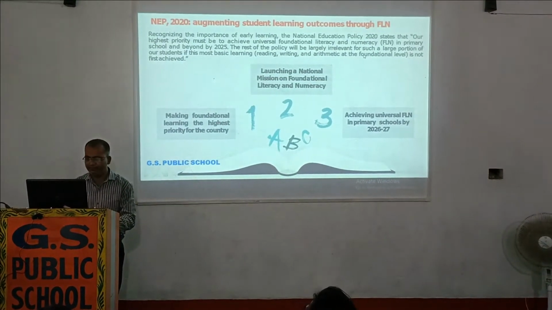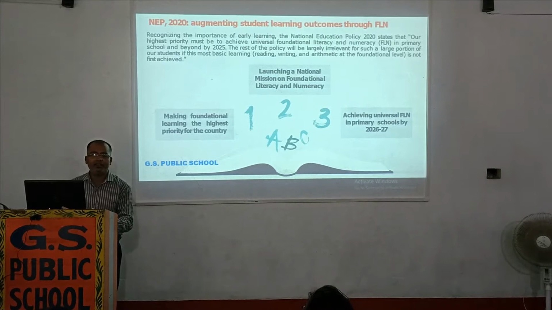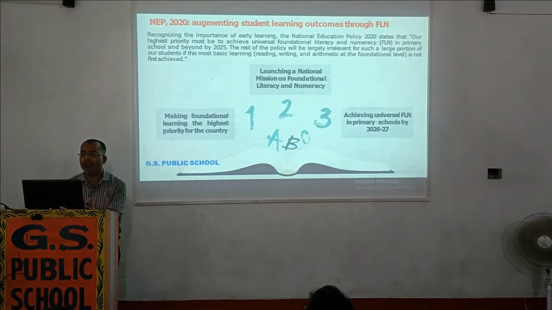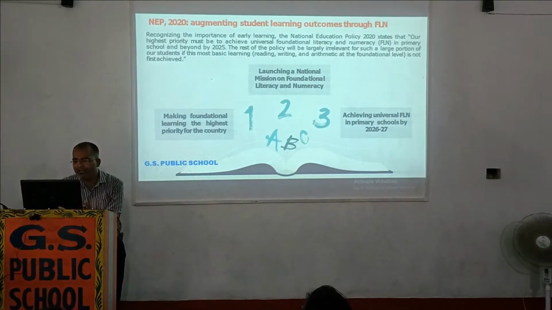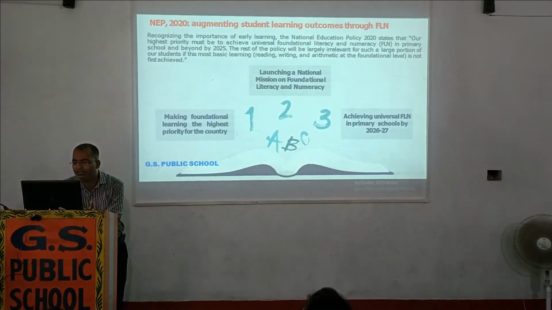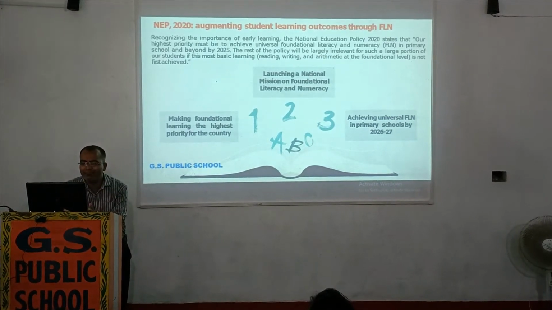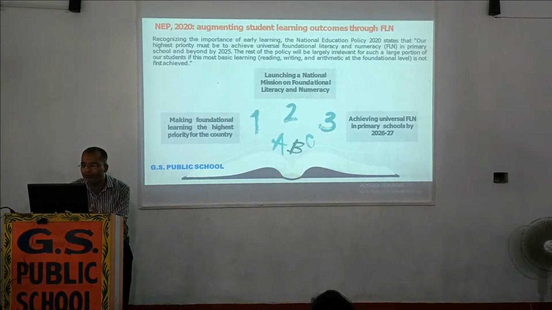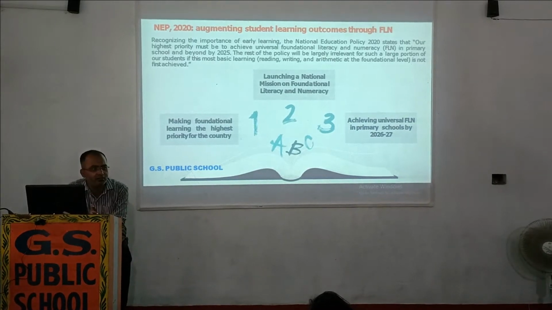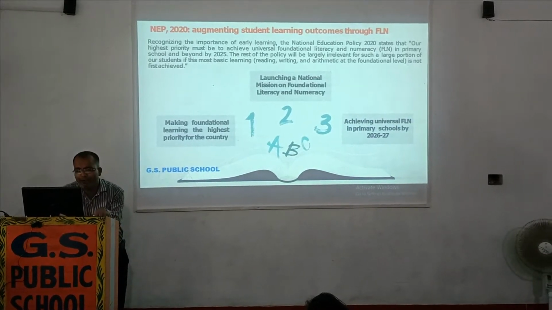Proceeding to the next slide, as we can see, National Education Policy 2020: augmenting student learning outcomes through FLN. Recognizing the importance of early learning, the National Education Policy 2020 states that our highest priority must be to achieve universal foundational literacy.